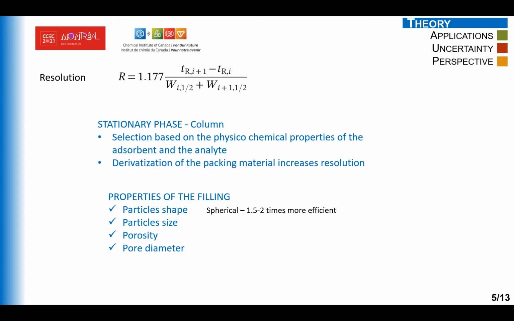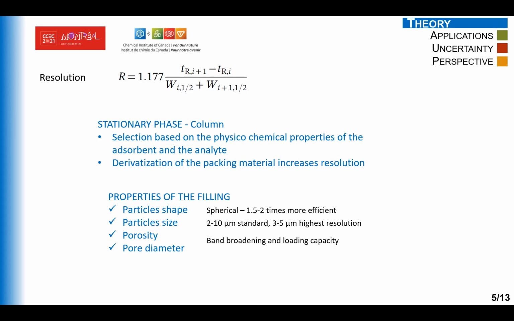In terms of particle shape, spherical particles are more efficient than irregular particles, and particle diameters of 3 and 5 microns provide the best resolution. There are columns with smaller diameters, but they are for more specialized separations, and they have a higher efficiency of resolution, but they do tend to clog more easily.